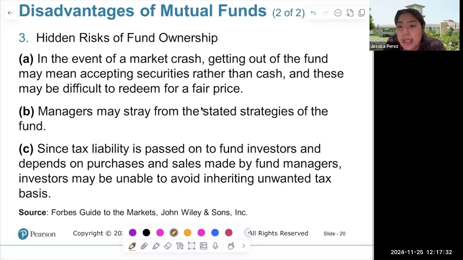There's also tax liability, which is passed to fund investors and depends on the purchases. So you are also taxed by this. It depends on the purchases and sales made by fund managers. Investors may be unable to avoid inherent unwanted tax bases. So for example, let's say that you have stocks and you have those coins, the Bitcoin or something like that.